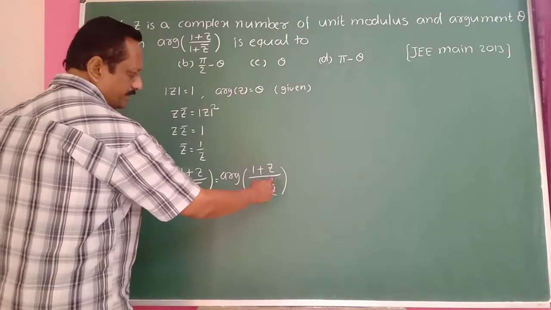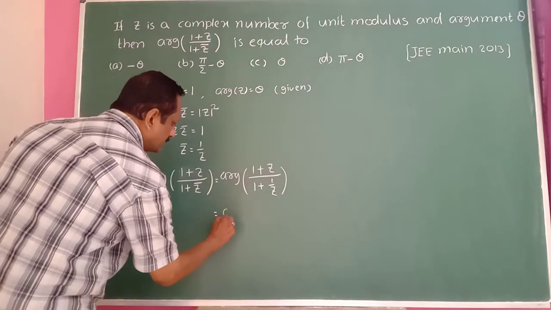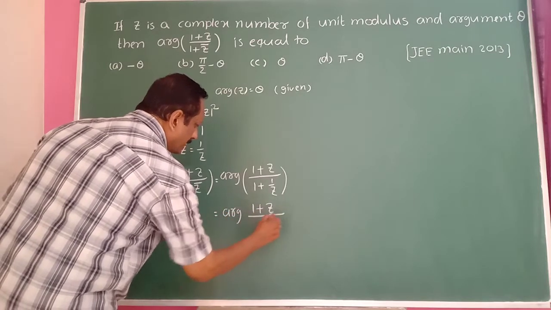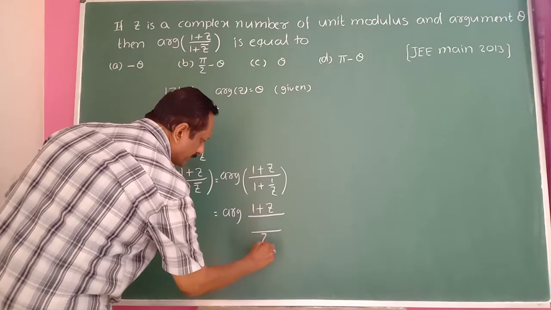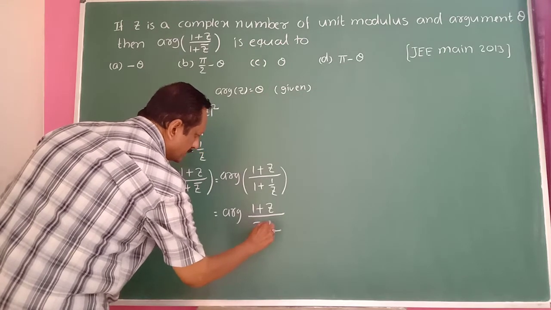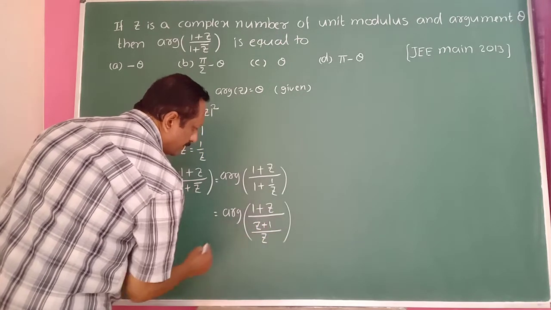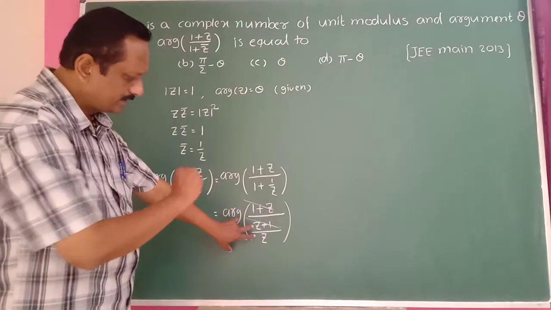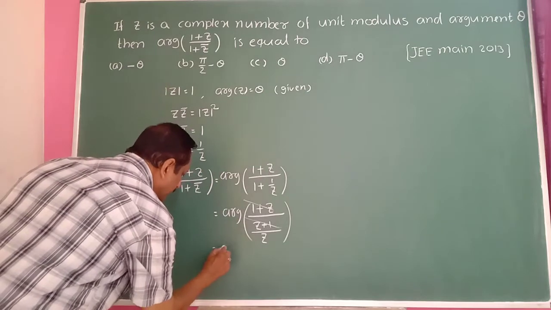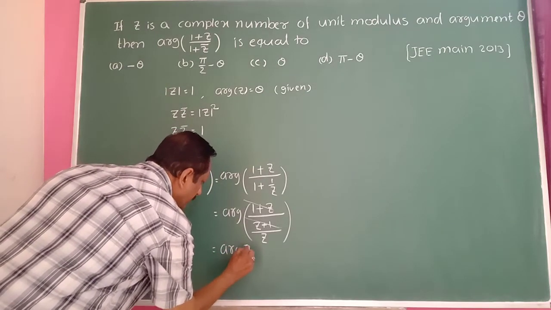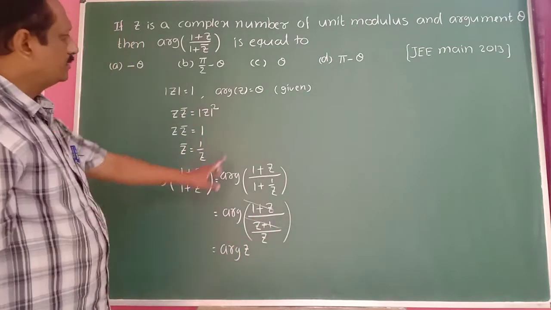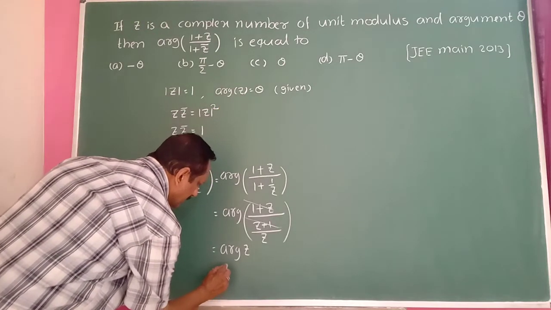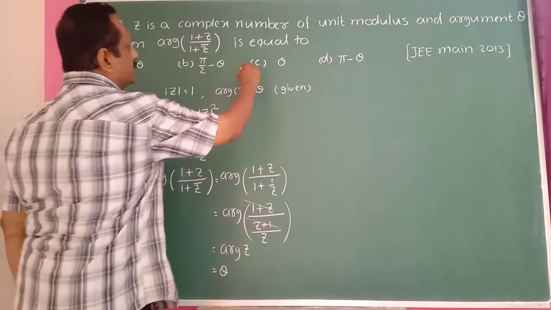Here z is the LCM in this denominator. Therefore 1 plus z divided by, then z LCM, z plus 1 upon z. Here 1 plus z and this 1 plus z cancel, and here 1 by z, take this one to the numerator, it gives argument of z. But you know argument of z is theta, they are already given here. Yes, this is equal to theta here. Therefore the answer is C.